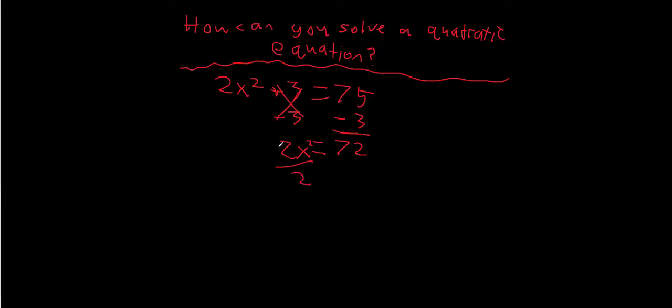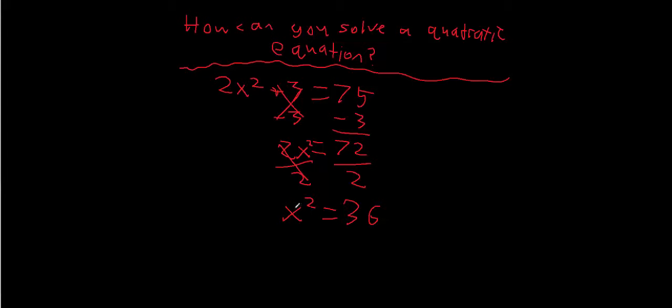You divide by 2 on both sides to eliminate that, and you would get x squared equals 36.